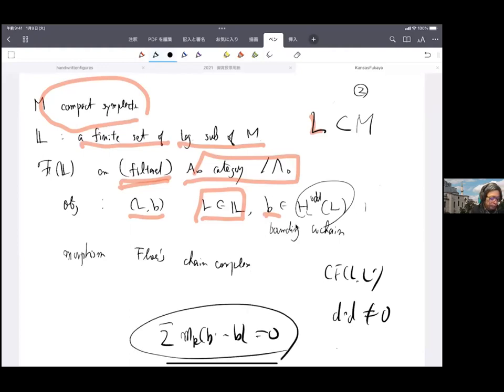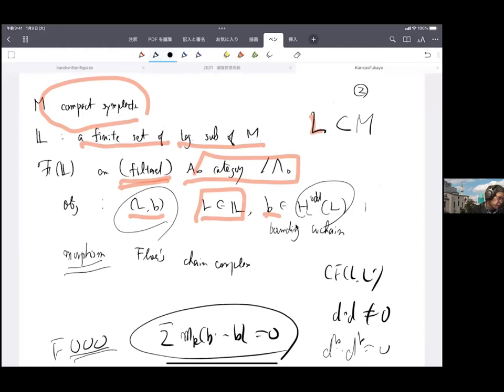If you deform Floer's boundary operator using this bounding cochain, it actually becomes zero, and you have Floer theory. That is the story I developed with Ono, and that is called the bounding cochain. So we have this A-infinity category whose objects are a Lagrangian submanifold plus a bounding cochain. And you have morphisms.